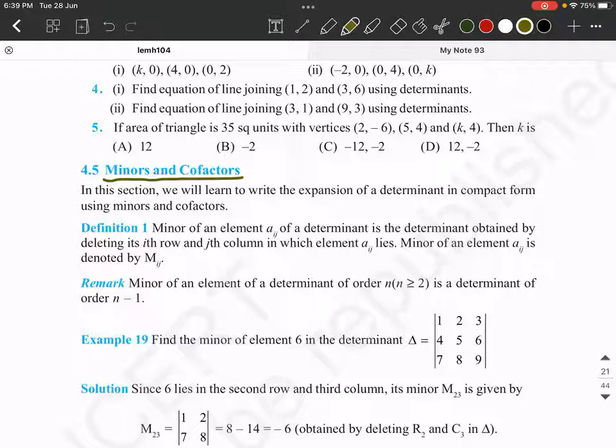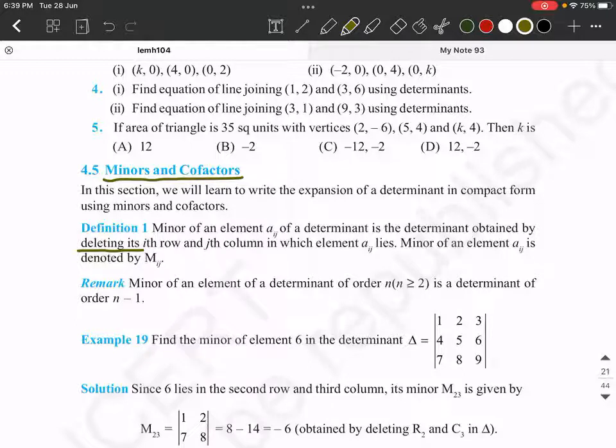Now read the definition, you will understand. Minor of an element, that is how it is defined. It is not minor of a determinant. Minor is always defined only for an element from the matrix that you take. So minor of an element of a determinant is the determinant obtained by deleting its ith row, meaning the row to which that element corresponds, and the jth column, meaning the column to which that element corresponds, and writing the determinant of the remaining matrix.